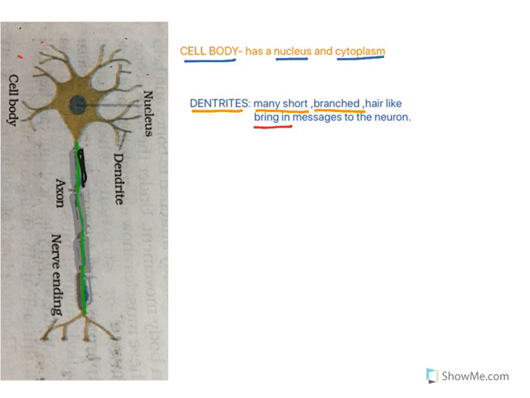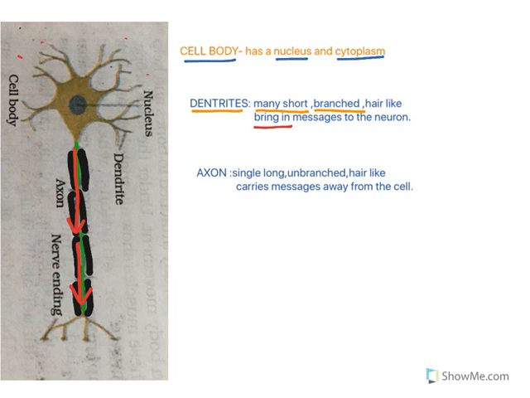So here it's an interrupted sheath which covers the axon. It's single, unbranched, and the axon takes messages away from the cell. So this was the axon. It's a single, long, unbranched, hair-like fiber which carries messages away from the cell.